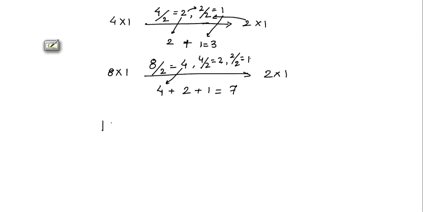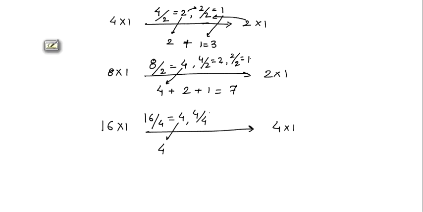Now if we want to implement a 16:1 multiplexer using 4:1 multiplexers, then simply we divide 16 by 4. It will be 4. Then 4 divided by 4 will be equal to 1, so 4 plus 1 equals 5. So a 16:1 multiplexer will be implemented using 5 4:1 multiplexers.